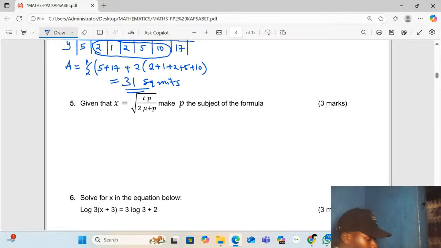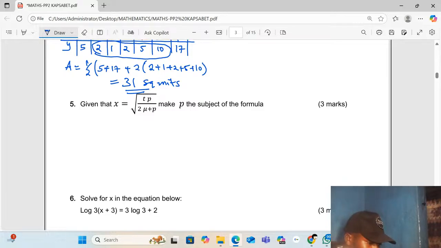The very first thing we need to do is to do away with the square root sign. We all know that for us to do away with the square root sign, we must square.